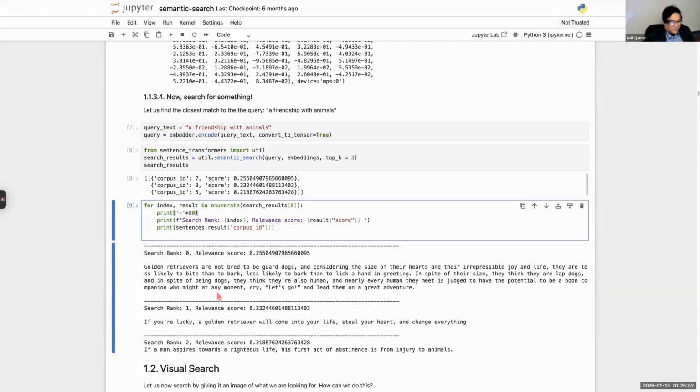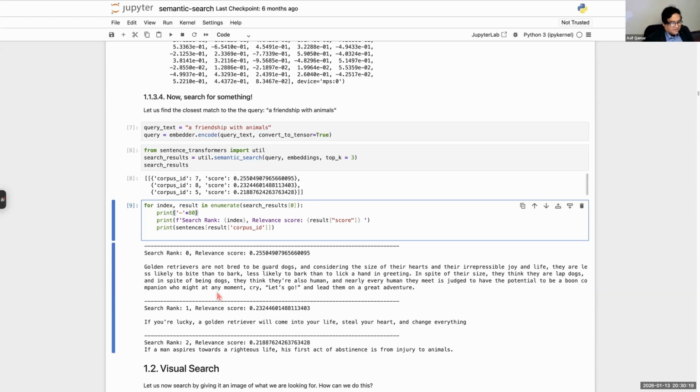And in spite of their being dogs, they think they're also human, and nearly every human they meet is just Eden to have the potential to be a boon companion who might at any moment cry, "Let's go," and lead them on a great adventure. What is conspicuous by its absence? The keywords. Nowhere in this long text are they there at all.